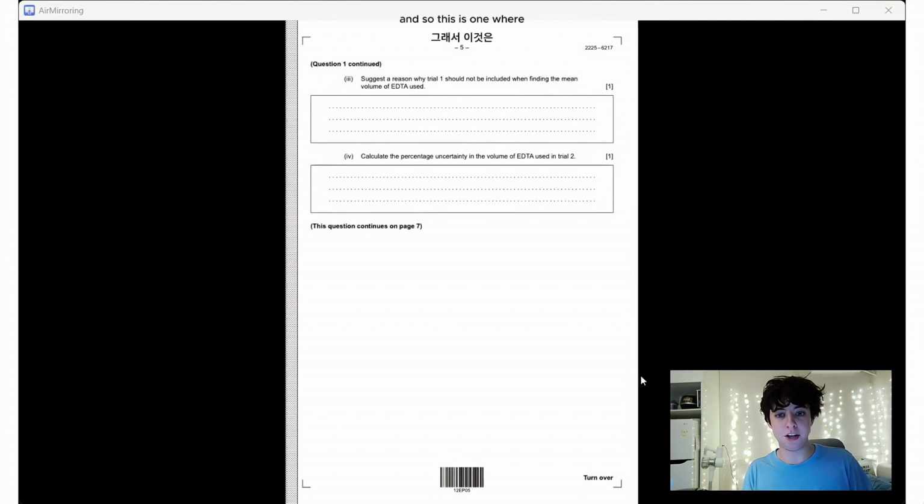Whenever you have an outlier, the reason it's usually justified in your report is something like: here's a graph with the outlier, here's a graph without the outlier, the line of best fit fits better. Or you have your measured dependent variable, but then you have your calculated dependent variable.